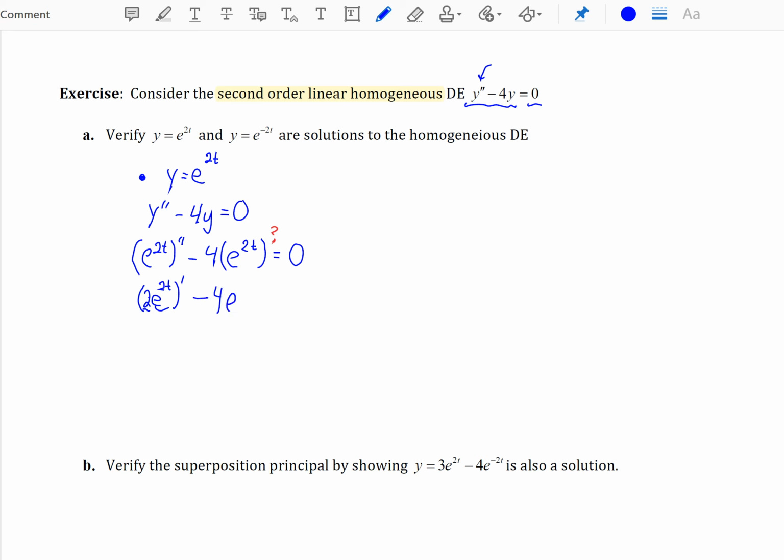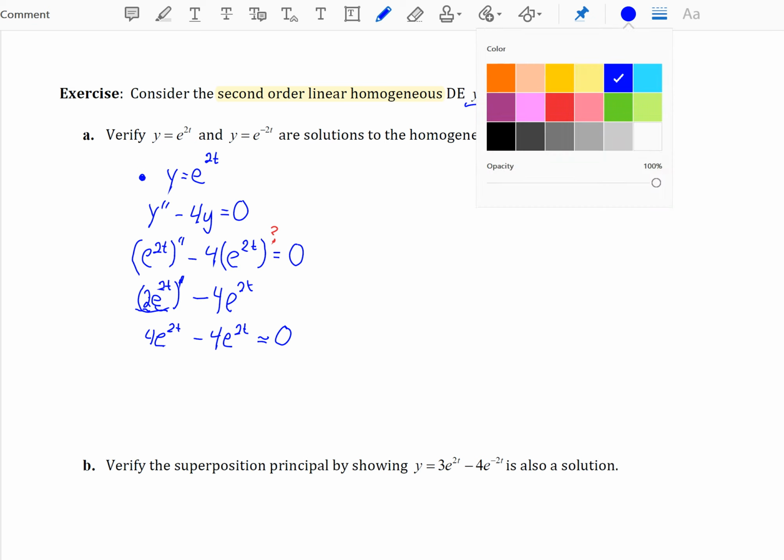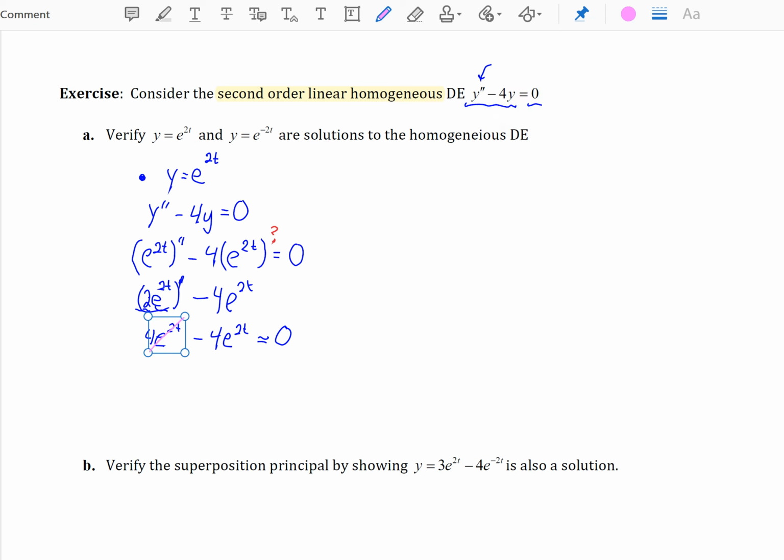Minus 4e to the 2t. And now let's take the derivative again of 2e to the 2t. This will be our second derivative. The derivative of 2e to the 2t is 4e to the 2t. Notice then that both of these terms are identical, so they cancel. And this is a solution to the homogeneous differential equation because it satisfies it.